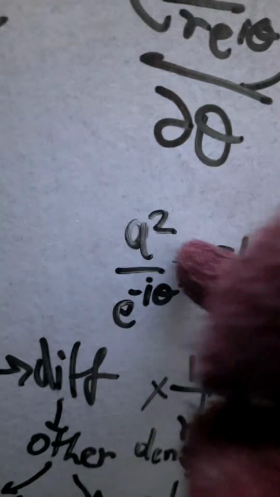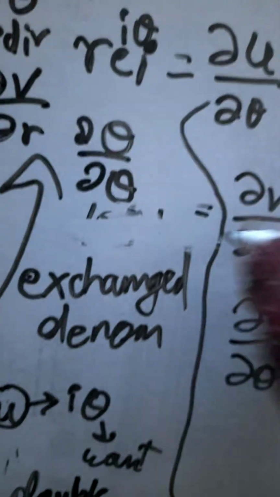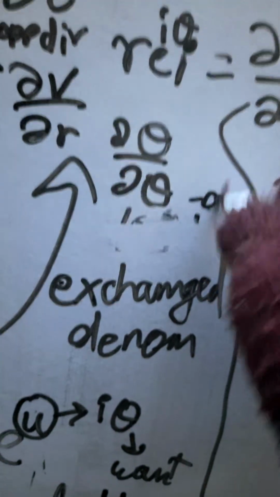So minus goes outside and minus 1 minus 1 becomes... sorry, 1 minus 1 becomes 0, so this becomes 1. So it is minus a square by e raised to minus i theta.